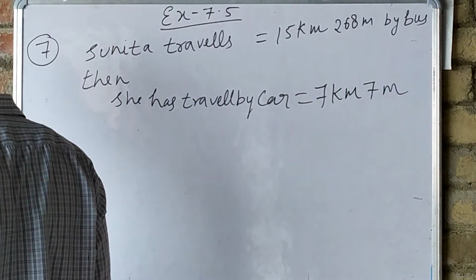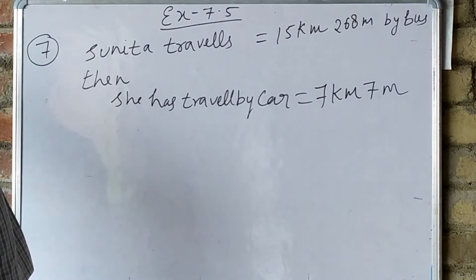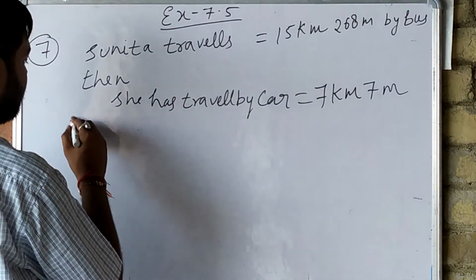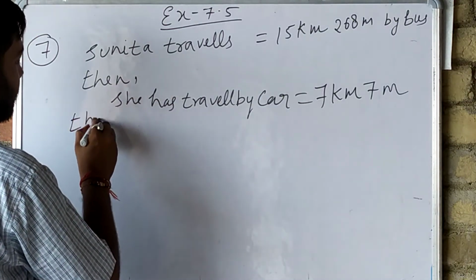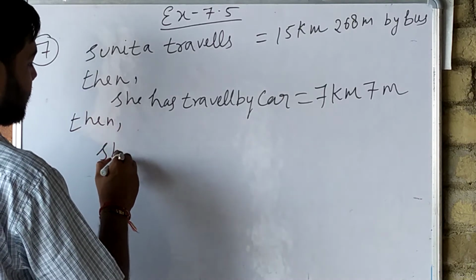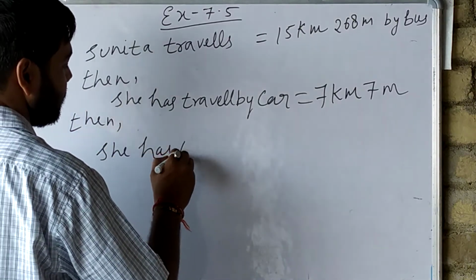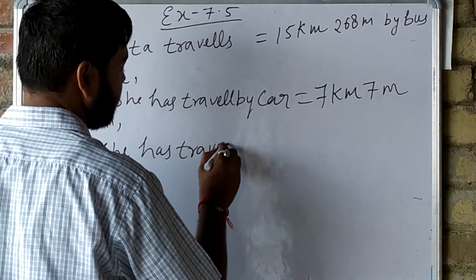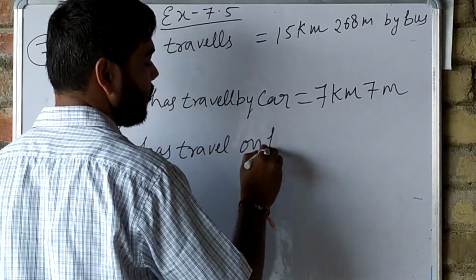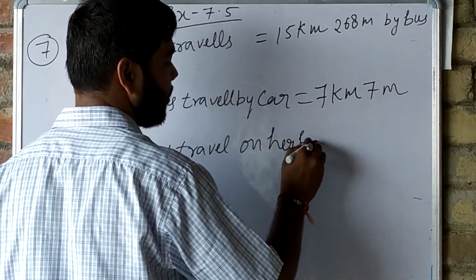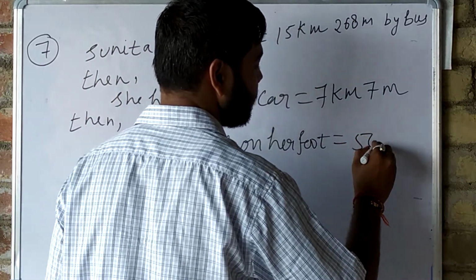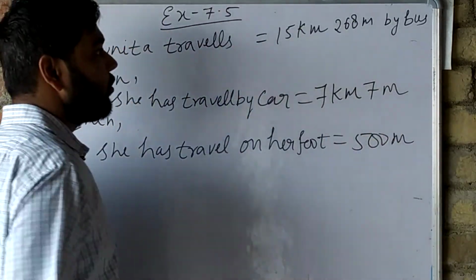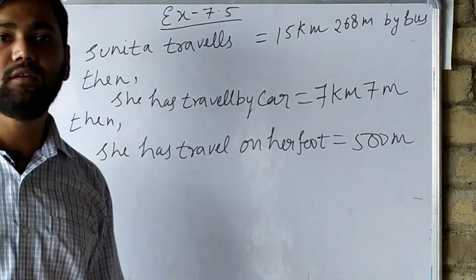After that she has covered 500 meter on foot. Okay. Then she has traveled on her foot. How much? 500 meter. So after that she reached school.